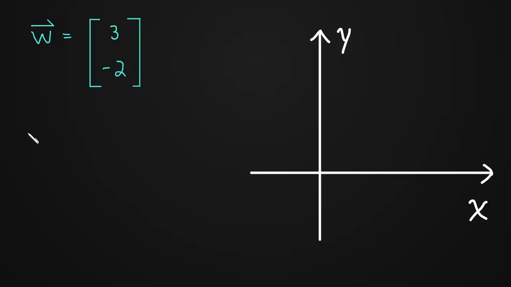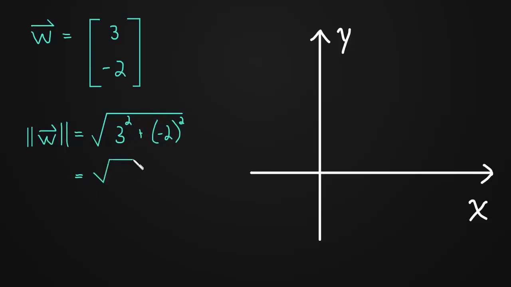Well, then the length of w is just going to be the square root of 3 squared plus negative 2 squared. So we have 9 plus 4, so this is 13. This is the square root of 13.